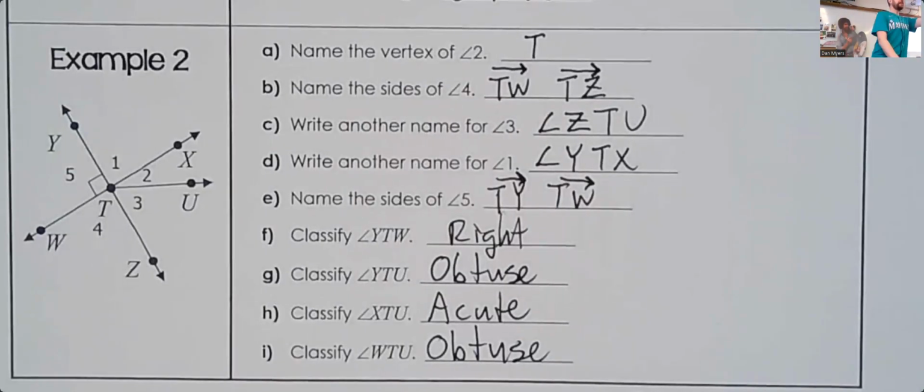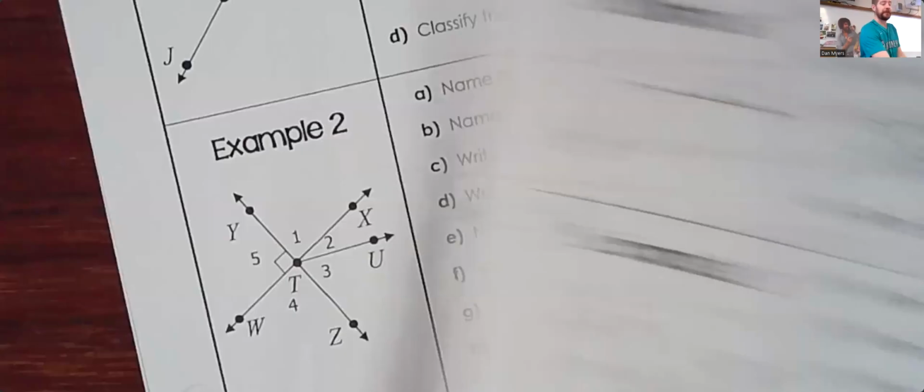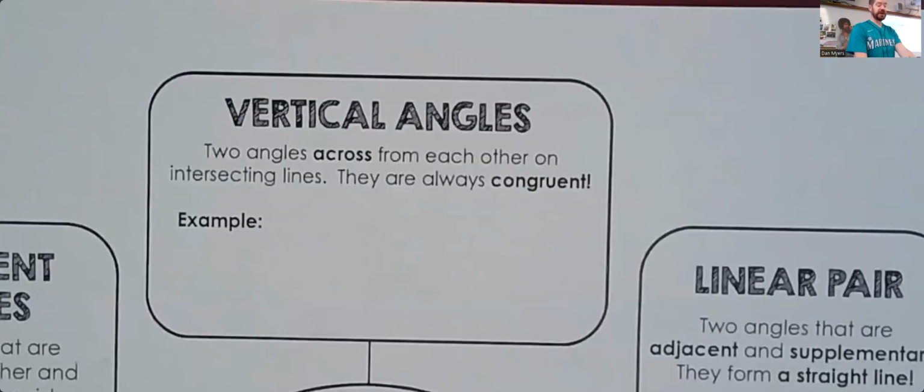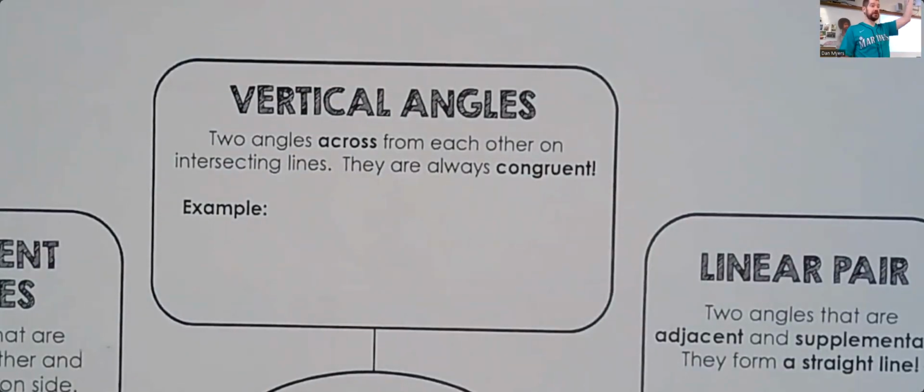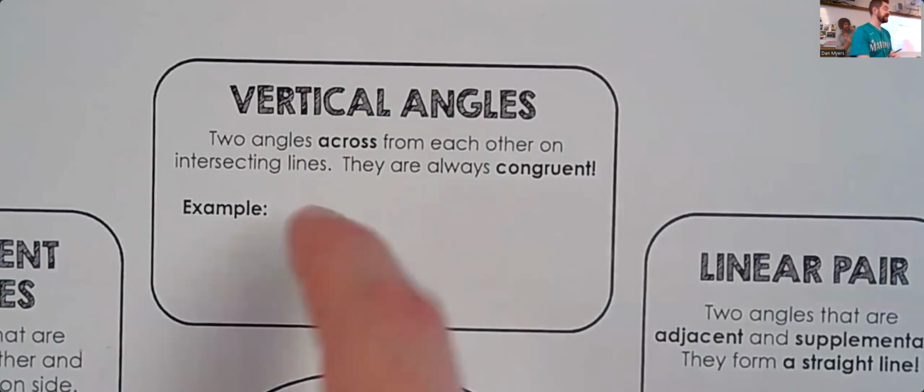All right, good. Okay, flip it over. Here we go. Let's get some diagrams out of the way here. So we have diagrams of all these things already, which is great. So go back to your page of definitions. And if we look at vertical angles, you can just copy down that diagram where it says example.